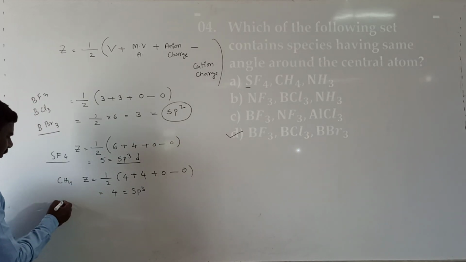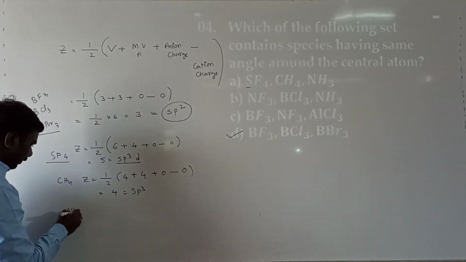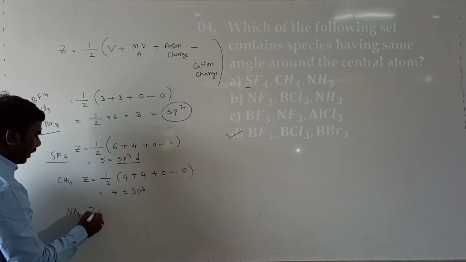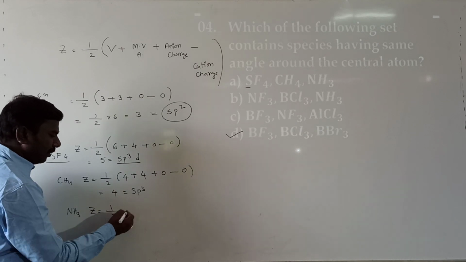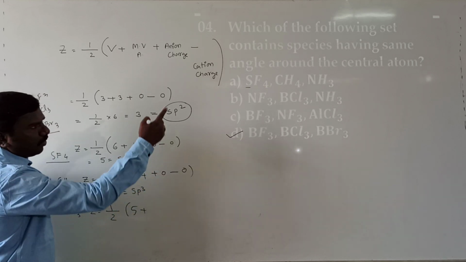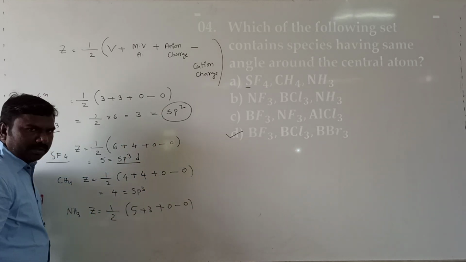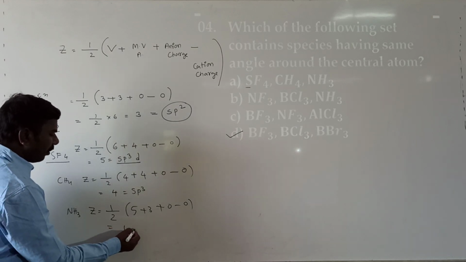So next, NH3. The central atom will be nitrogen, valence electrons will be 5, plus 3 monovalent hydrogen atoms, no positive charge, no negative charge. 8, again 4, sp3.